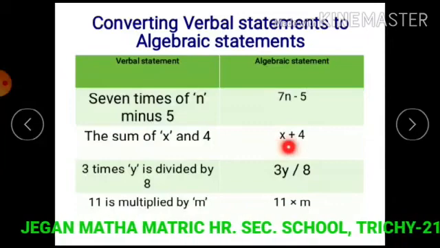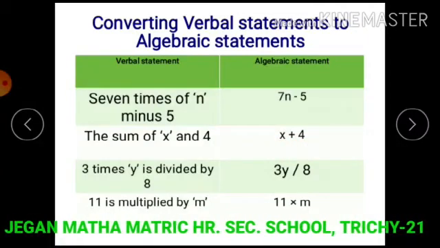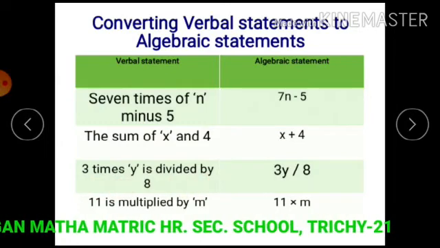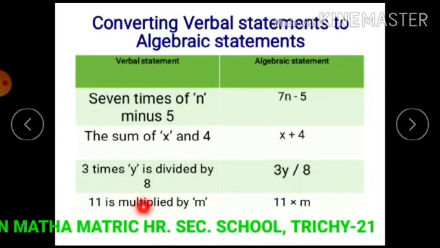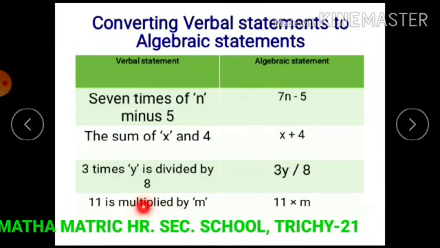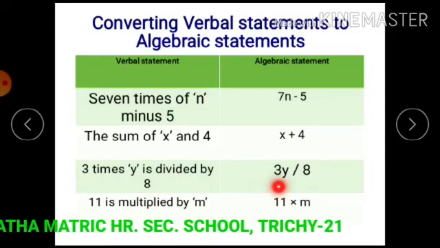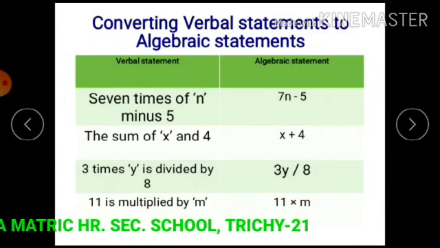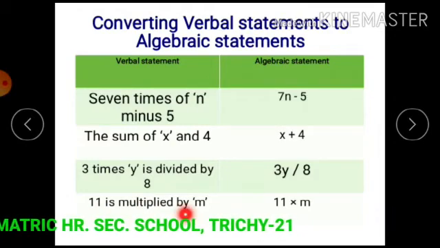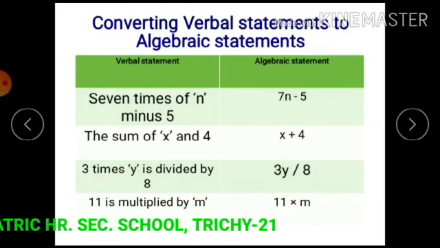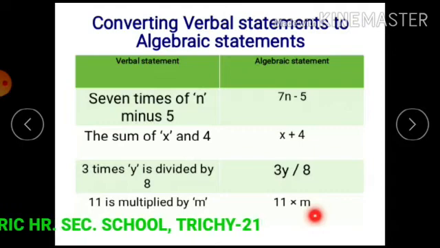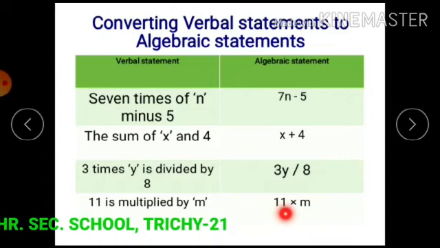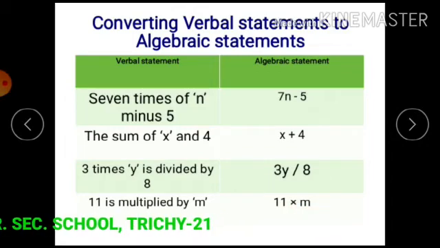The algebraic statement is x plus 4. 3 times y is divided by 8 is the given verbal statement. The algebraic statement is 3y divided by 8. 11 is multiplied by m. The algebraic statement is 11 into m, or product of 11 and m.